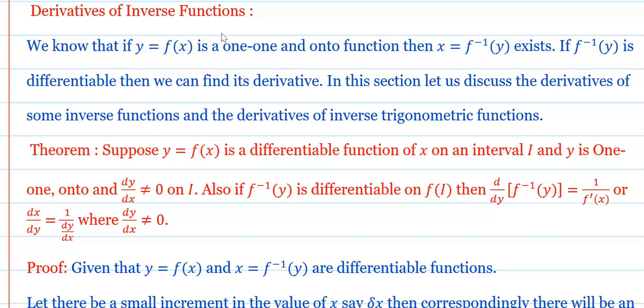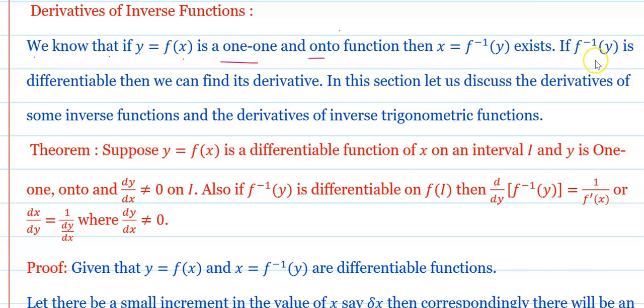Then we will start in my next video the exercise 1.2, and this is the introductory video for the exercise 1.2. Now let us start. We know that if y is equals to f of x is one-one onto function, then x is equals to f inverse of y exists.